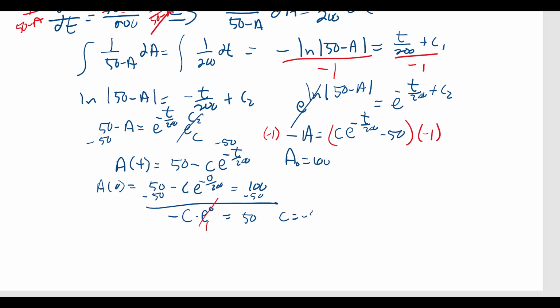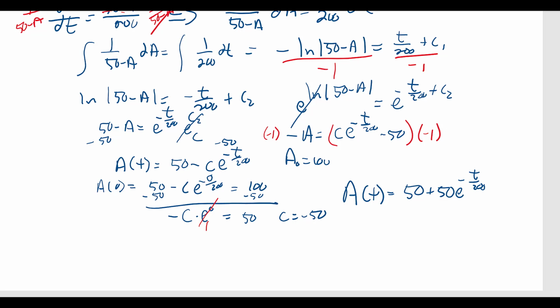So c must be negative 50. So our formula is a of t equals 50, and it's minus c, so we've got double negative here, so plus 50 e to the negative t over 200. So there's our formula.